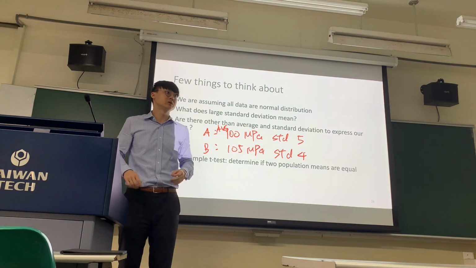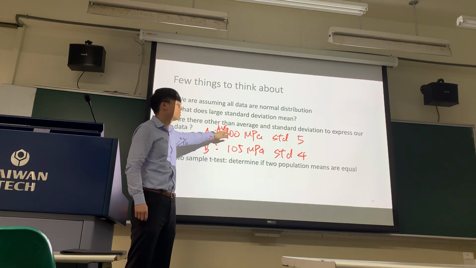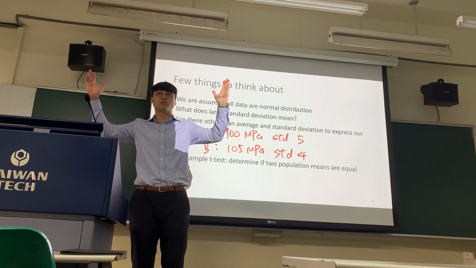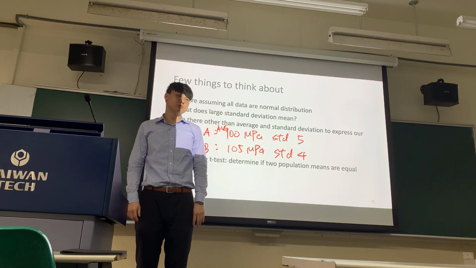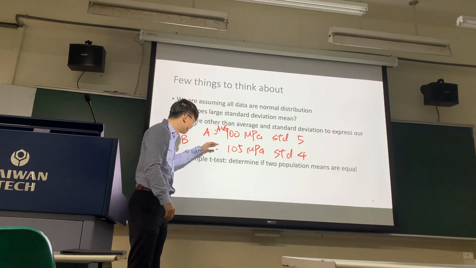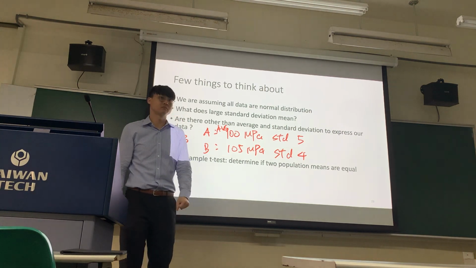All the specimens are roughly in this 105 range, while at 100 MPa, the standard deviation is a lot broader, wider. So his conclusion for his thesis and his paper announced that, miraculously, B process parameters are significantly better than A.